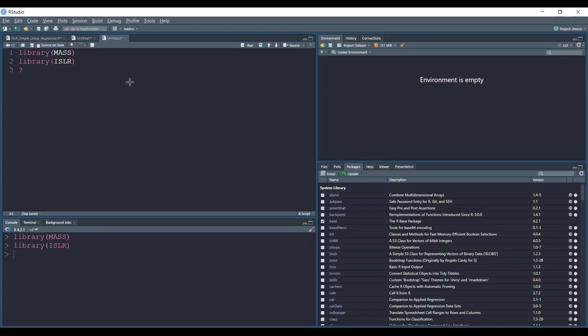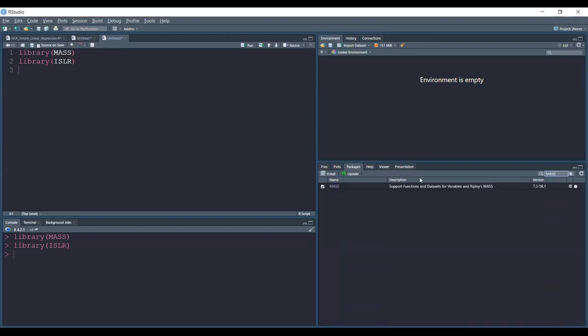Let's see. If I want to see all the different datasets in a specific package, there's probably an easy way of doing it. Probably it's enough to type one line of code, but you can always search for the package over here and click on the name.